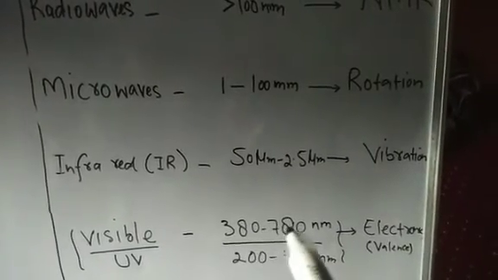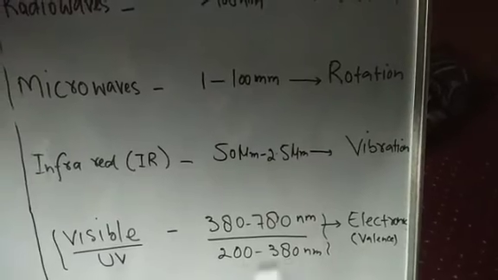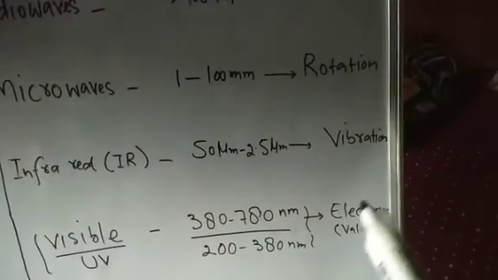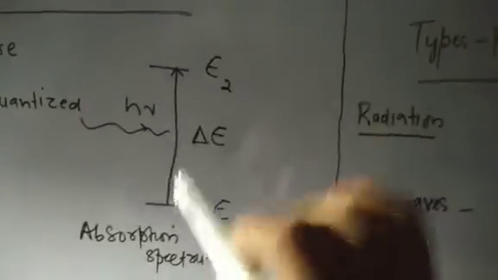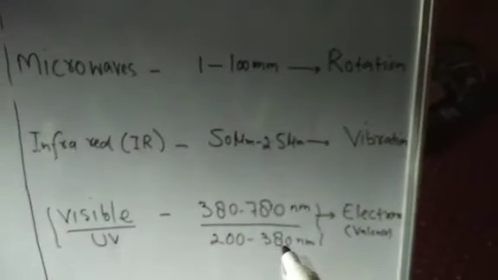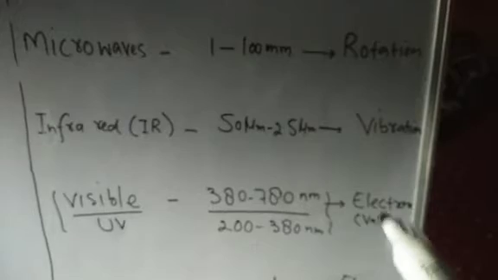So it's 380 to 780 nanometers, and in case of ultraviolet it is 200 to 300. So it leads to the electronic transitions in the molecule. Actually, you could see here E1 to EV. That is the electronic energy. So the electrons undergo transition from ground state to excited state. Now as shown here, it is valence electrons.